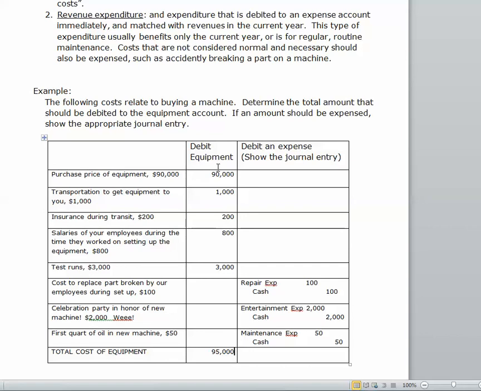Notice too that all the costs that we have capitalized are all things that generally happen before the equipment is placed into use. They're one-time things, not going to have to repeat them over and over, and we know what those costs are before you actually start using the equipment.